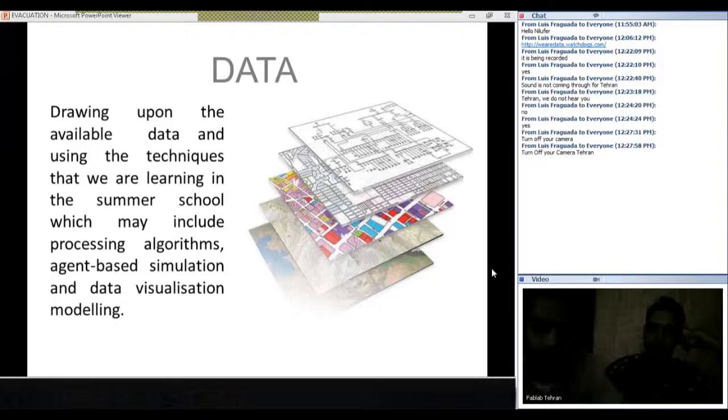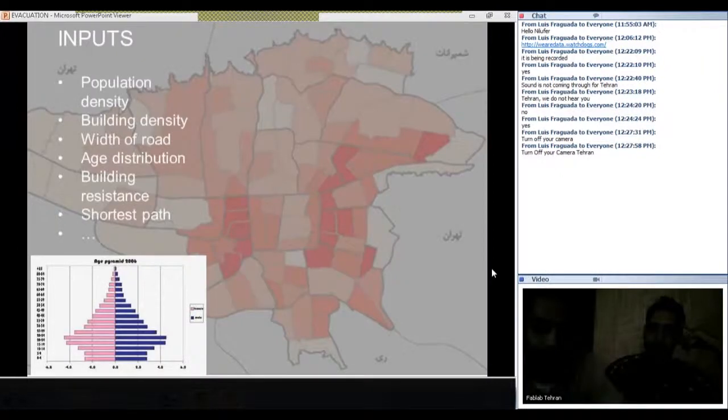Especially trying to use the programs and techniques that we are currently learning in the IAAC summer school, like natural language processing algorithms, agent-based simulation using GIS, and data visualization modeling. So we're going to use these data that are listed here for sure, and we'll try to add more. We already have these, but we're going to map them and then process them.